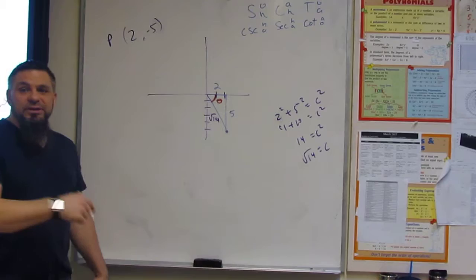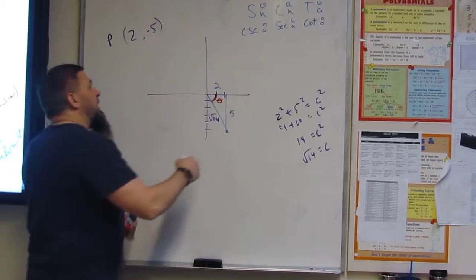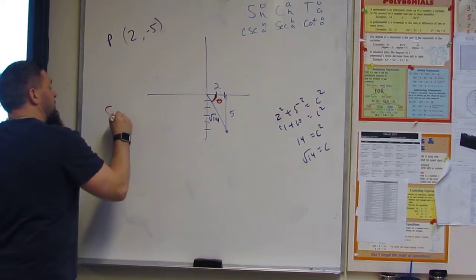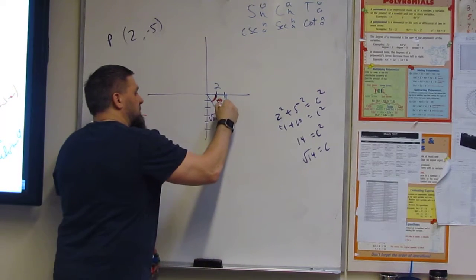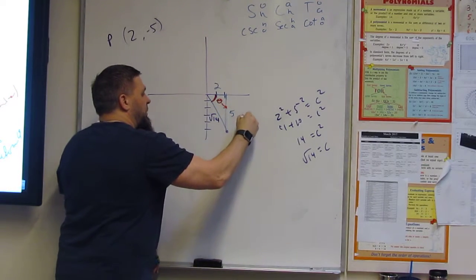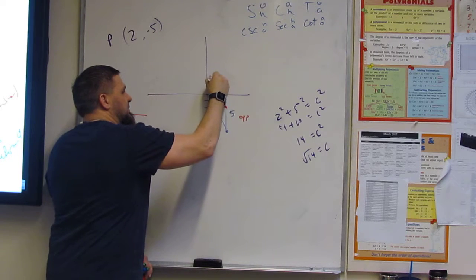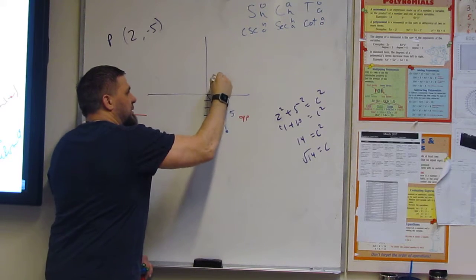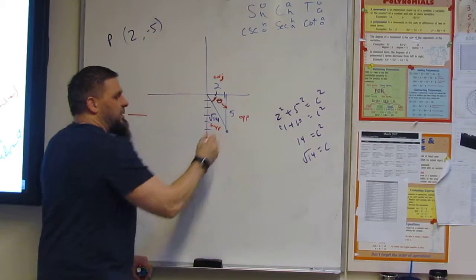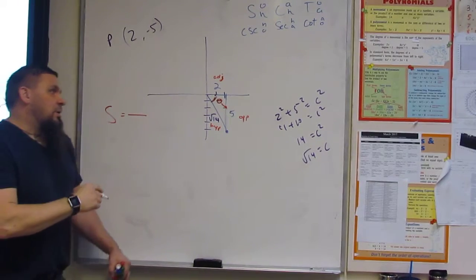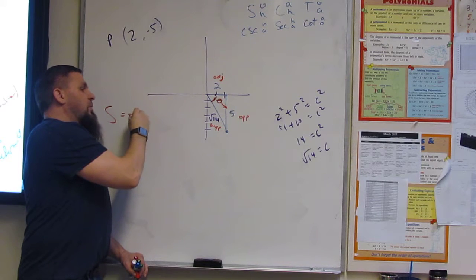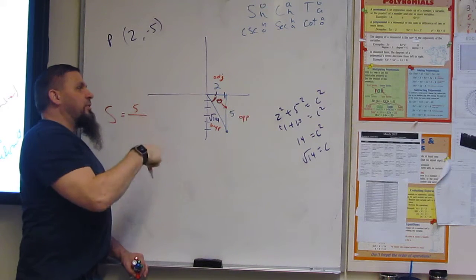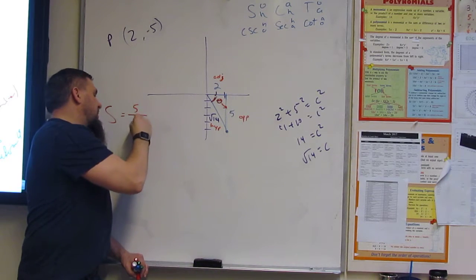Your trig functions of theta would be SOH: opposite over hypotenuse, or 5 over the square root of 14.